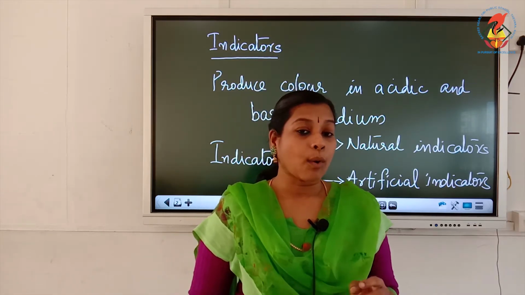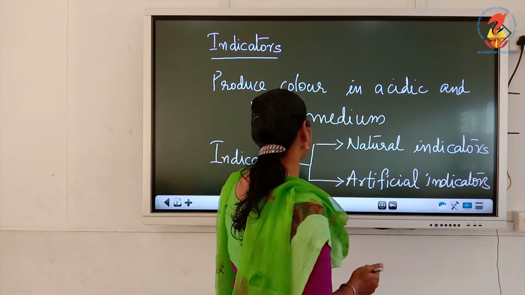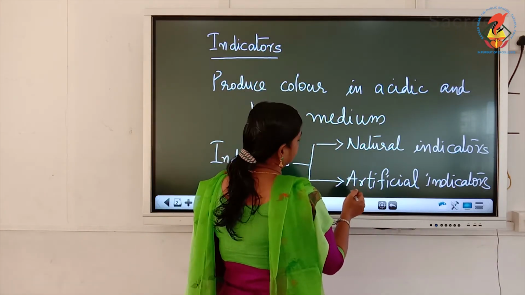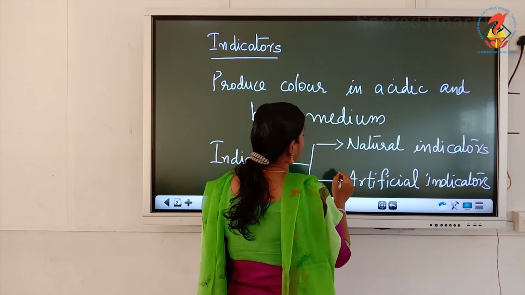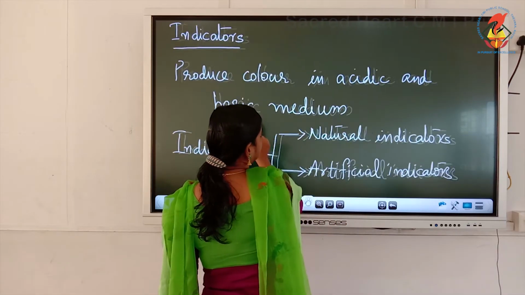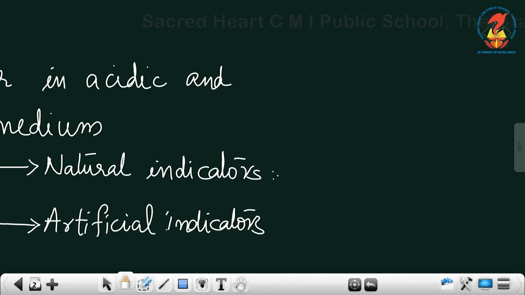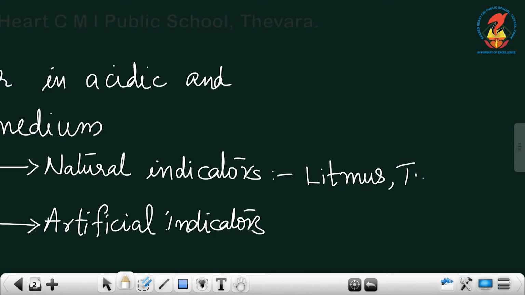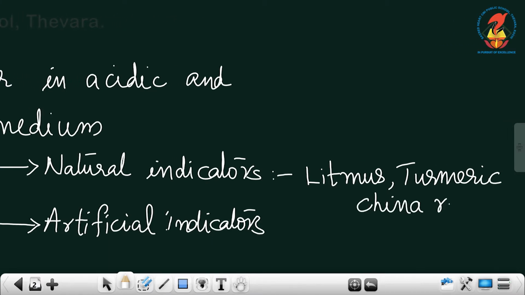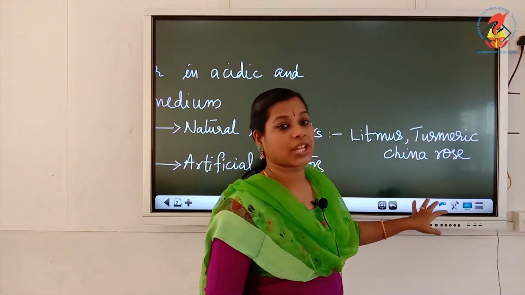Now, we can say that there are two types of indicators, natural indicators and artificial indicators. In natural indicators, we can see different examples. Litmus is a natural indicator. Then turmeric is another natural indicator. China rose is another natural indicator. Okay, litmus, turmeric and China rose.